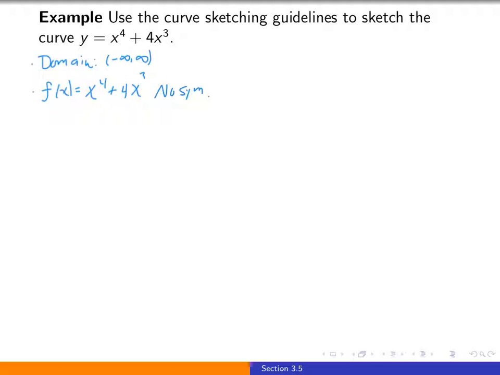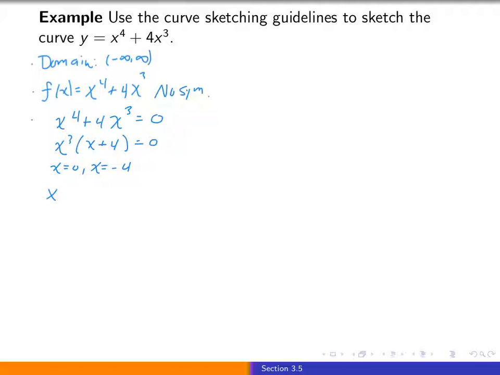Then we go on and we think about finding intercepts. To find the x-intercepts, we take our function and we set it equal to 0. So both terms have an x cubed in common, leaving us an x plus 4. So x equals 0, x equals minus 4.